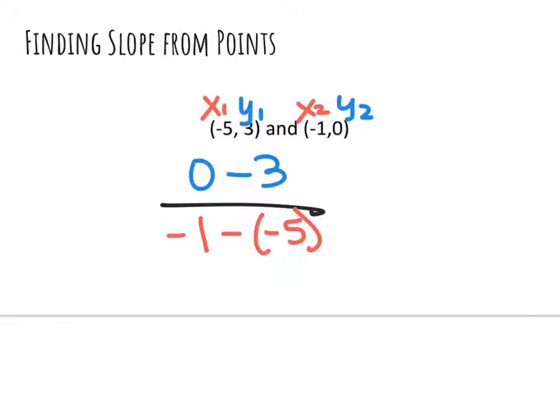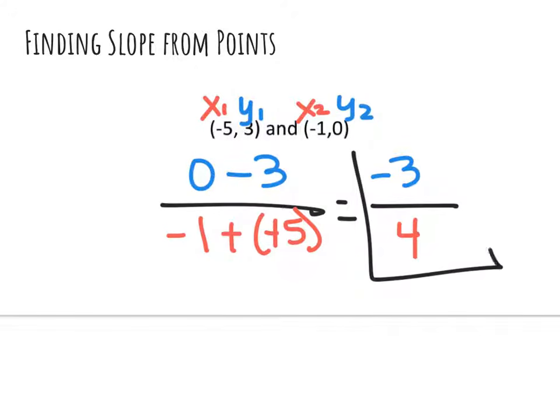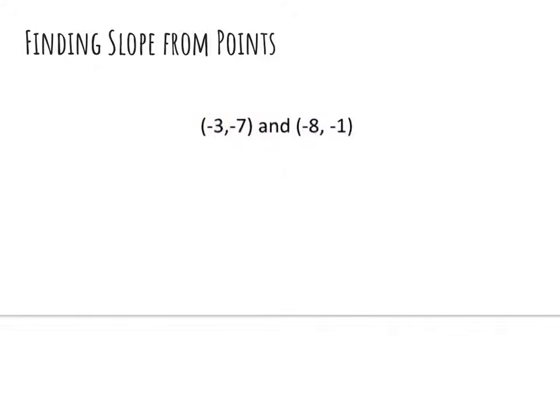Simplified, that will get me 0 minus 3, which is negative 3, over negative 1 minus a negative 5, which is the same thing as saying negative 1 plus a positive 5, which we know is a positive 4. So my final answer is a negative 3/4.